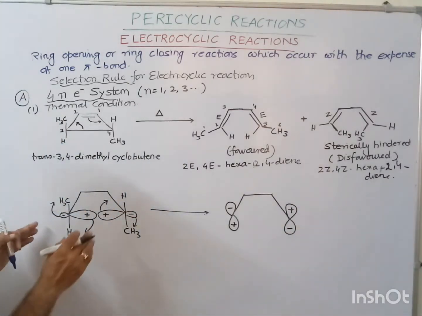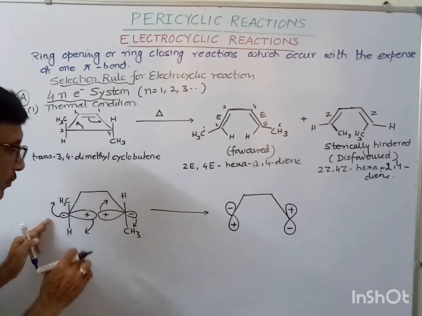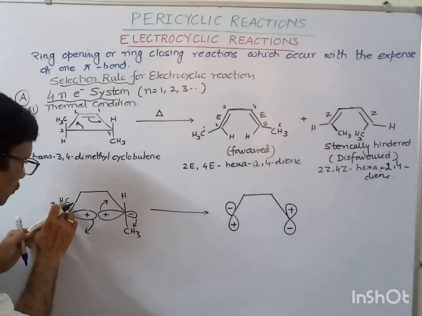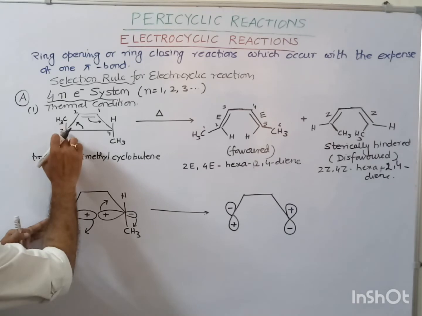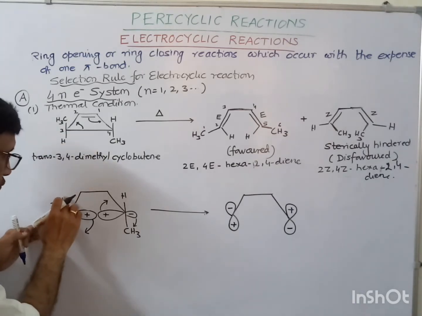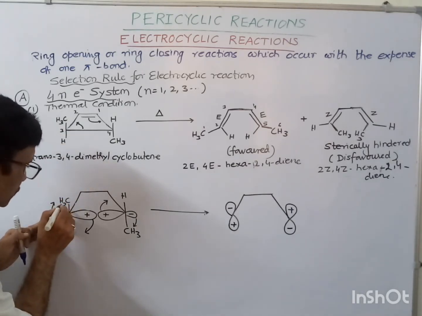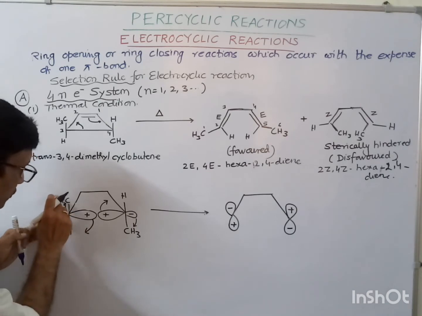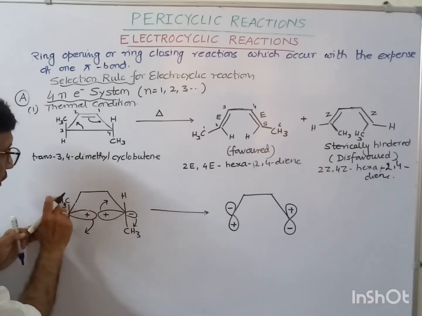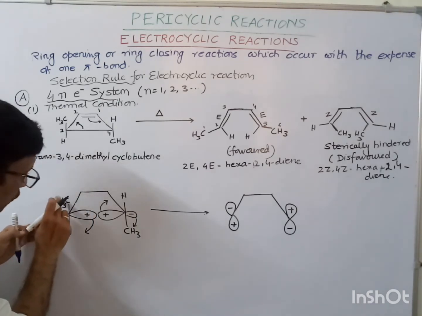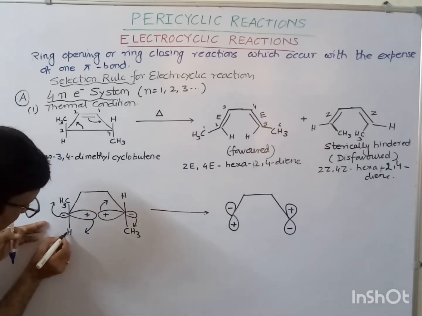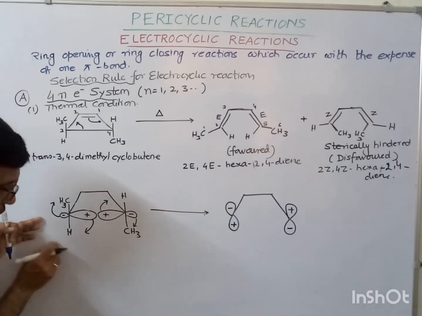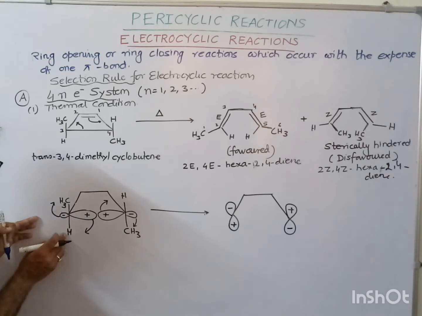Okay. Now when these lobes move, no doubt the substituent over this carbon will also move. So this CH3 will also move. CH3 moves in a clockwise manner and goes in, whereas hydrogen is also moving in a clockwise manner. Hydrogen is going out.